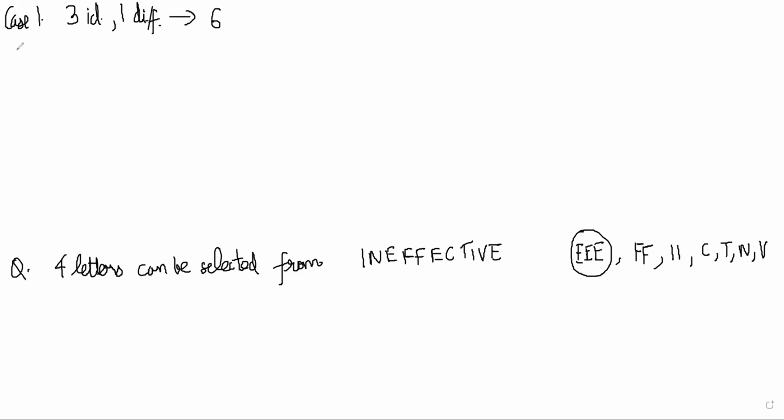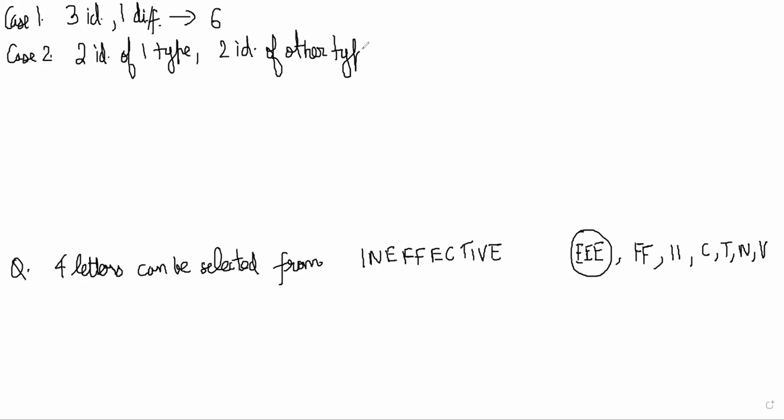Then case two is two same and two same of another type. You can do two identical of one type and also two identical of another type.